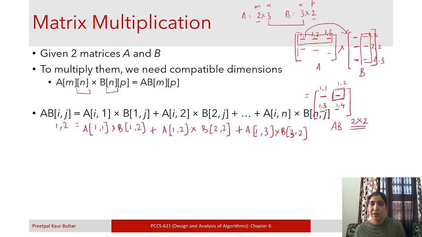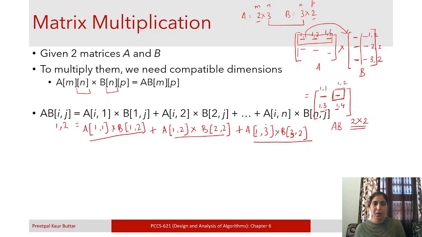Okay, so we are multiplying 1 comma 1 with 1 comma 2, so this is what is written here. Next we are multiplying 1 comma 2 with 2 comma 2, so this is the expression. Then 1 comma 3 with, yeah, there is a mistake here. This is row 3 and column 2. Okay, so 1 comma 3 with 3 comma 2.